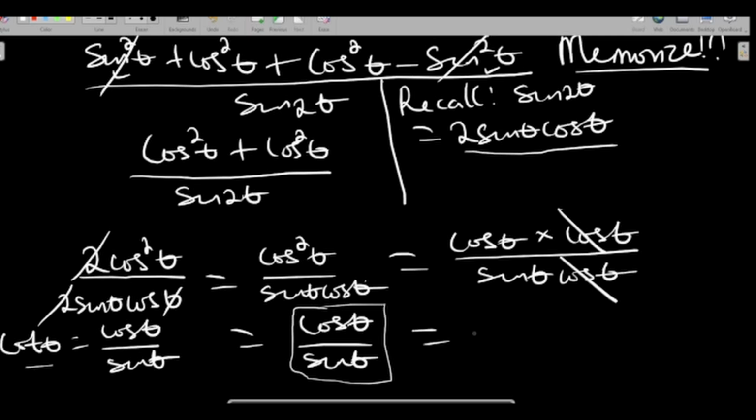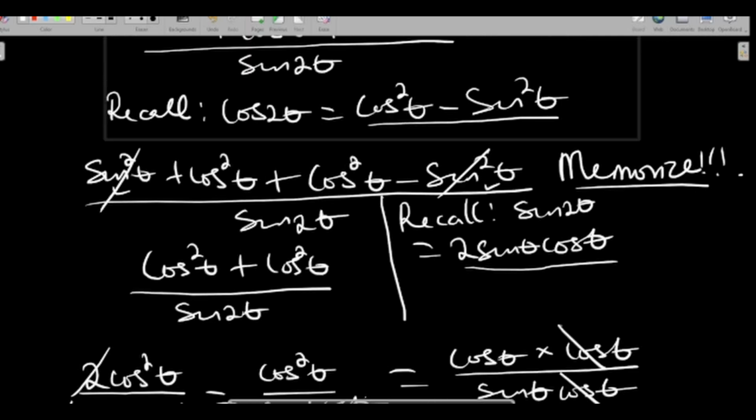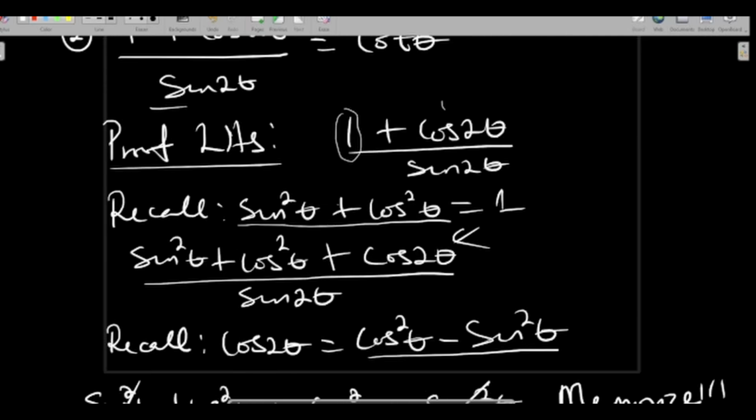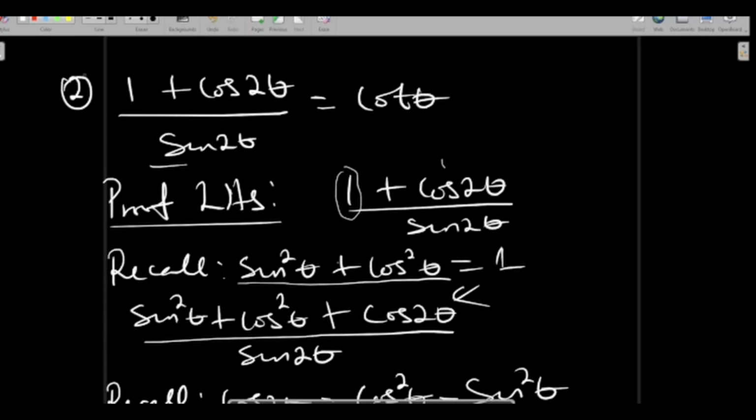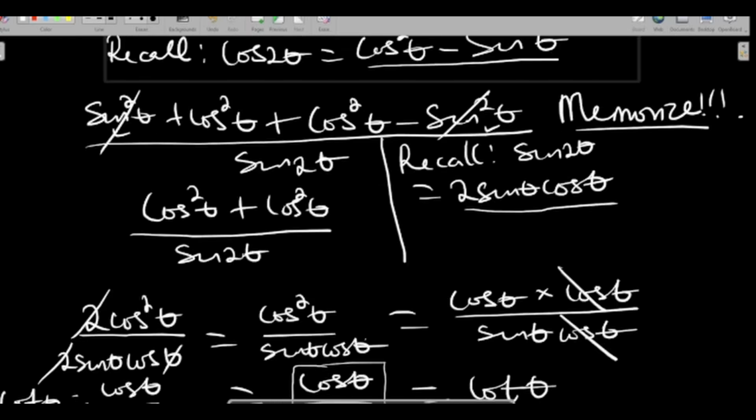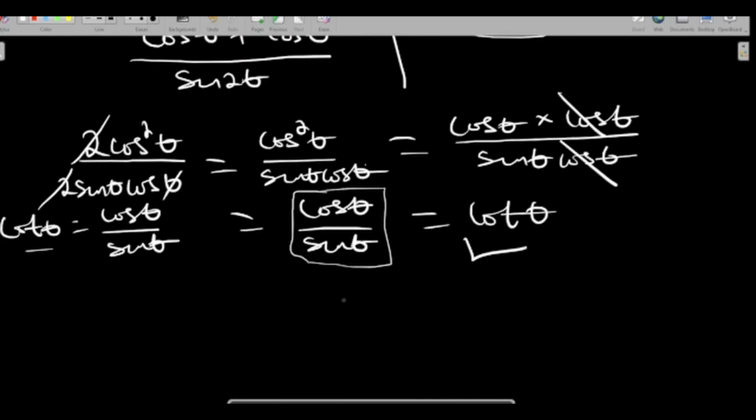So this now simplifies to cotangent theta, and hence this is our solution. Remember that the question says that we should prove that 1 plus cos 2 theta over sine 2 theta is equal to cotangent theta. So we can now say, hence, shown.